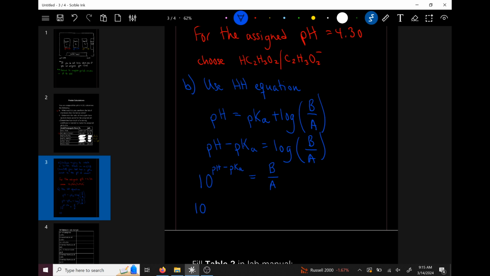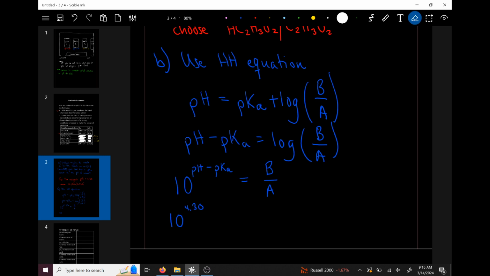So the assigned pH for this example is 4.30, so it's 10 raised to the 4.30. Let me zoom in on this a little bit. Let's rewrite this. 4.30 minus the pKa of acetic acid, which is 4.74, is equal to B over A. And when I plug that into my calculator, the ratio, let's actually write this down.